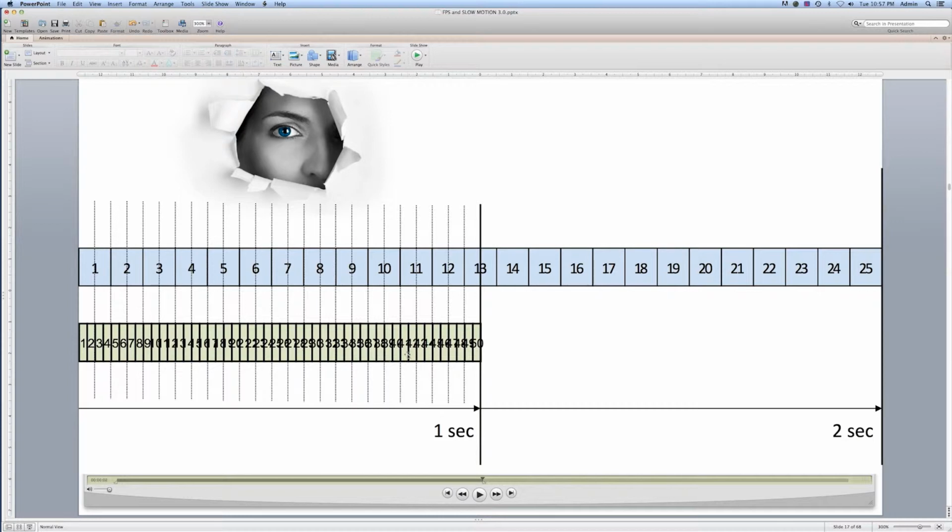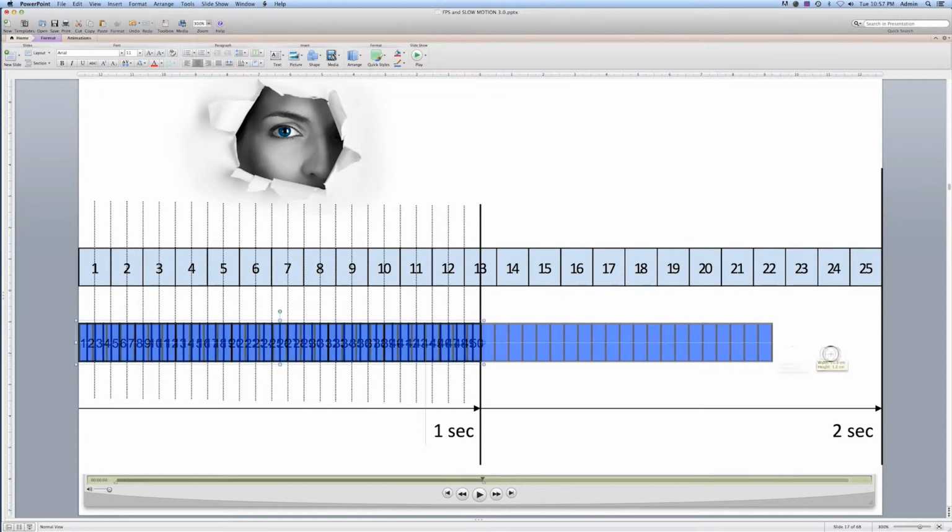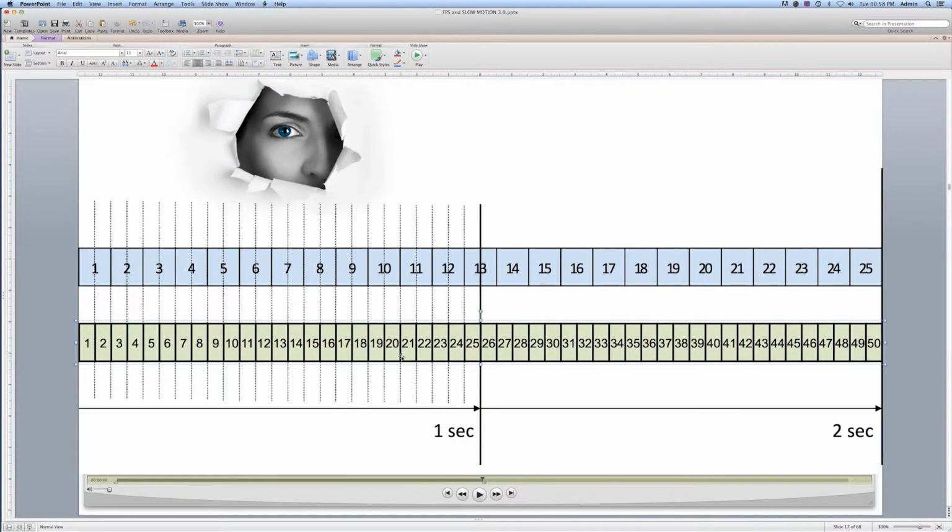But if you have done the original video shot in 50 or 60 frames per second, and you take this 1 second shot and present it in 2 seconds, okay, up here you can see that this 50 frames per second is now presented in 2 seconds, and if you see how many frames per second we have now, we have 25 frames per second.